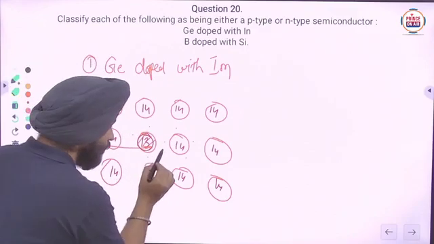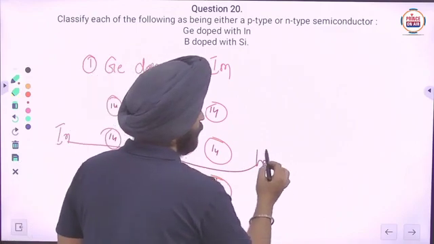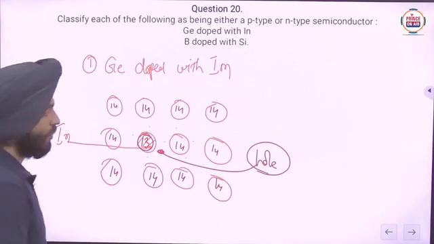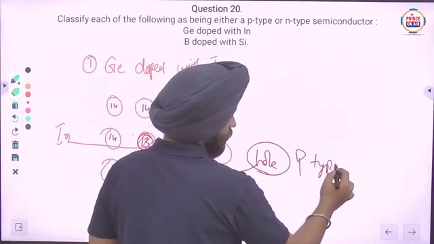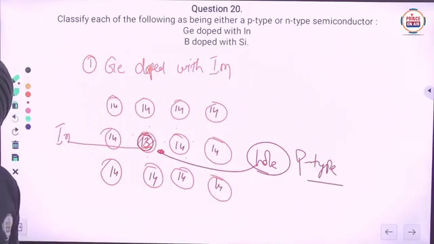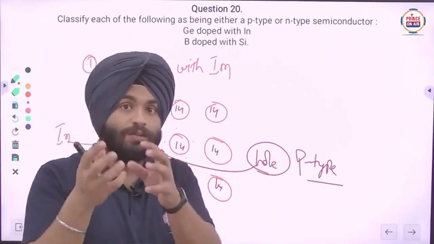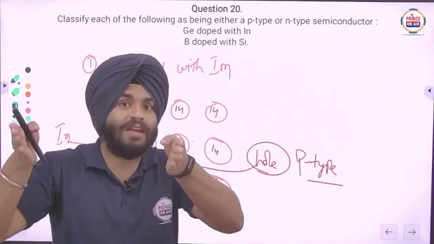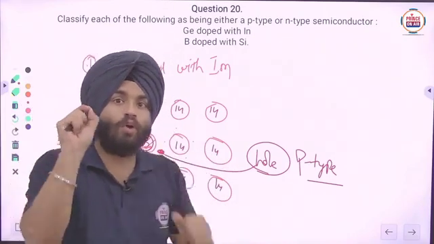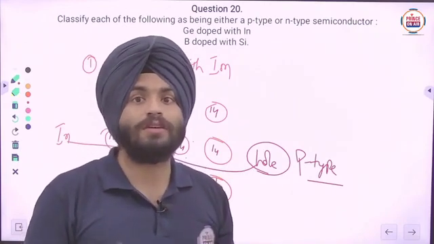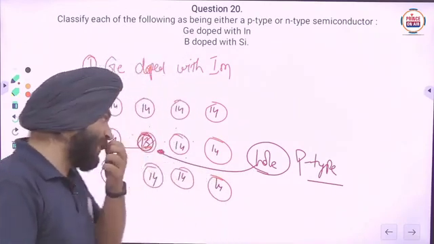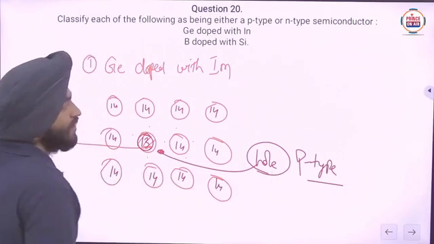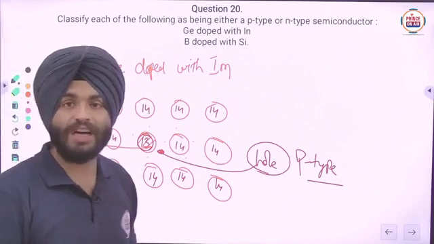So here a hole will be generated, and if a hole is generated, that type of semiconductor will be p type. Here germanium is in excess and a small amount of indium impurity is situated in it. So the hole is generated and that type of semiconductor is considered a p type semiconductor.